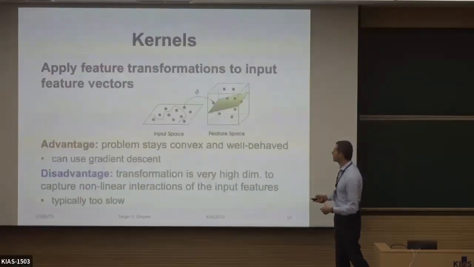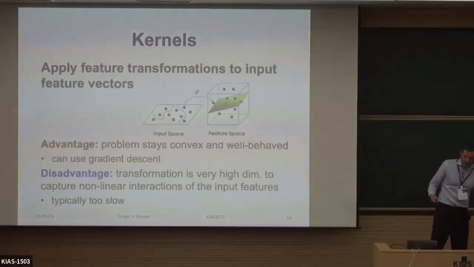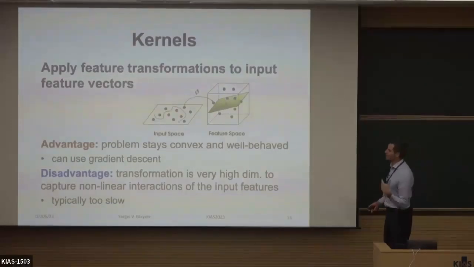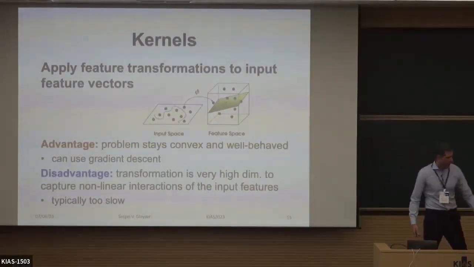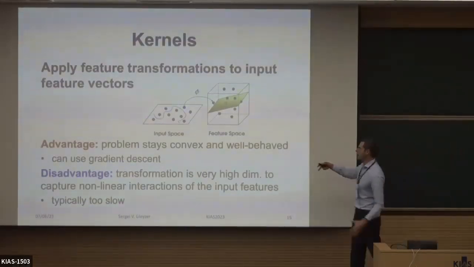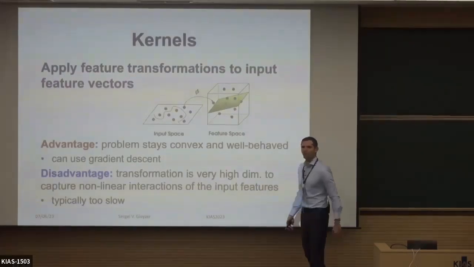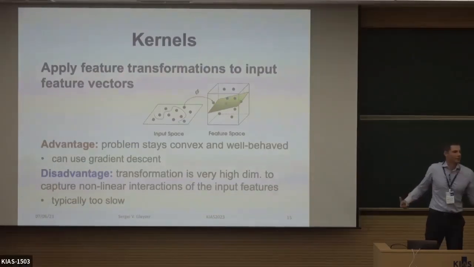The idea in the kernel is that your input data may not be easily separable in the feature space that you start with, but if you apply a feature transformation to your input feature vector, you may end up in a higher dimensional space where you have an easier way of separating your data.